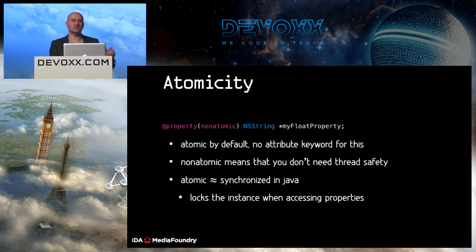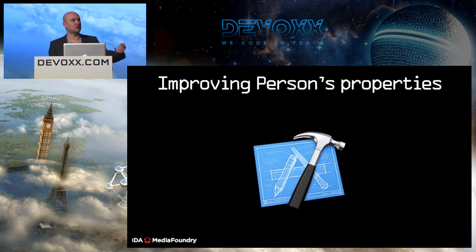But of course, since every time you call a setter, you will create a lock, that might not be as performant as you wish. So most of the time we put nonatomic. Strangely enough, it's not the default, but we will put the nonatomic there. So let's apply this on our person object, shall we? So again, switching to Xcode.